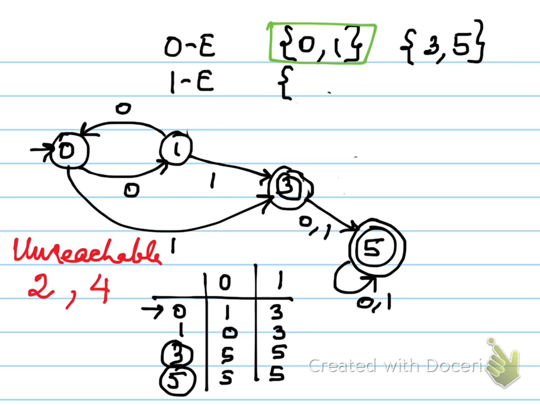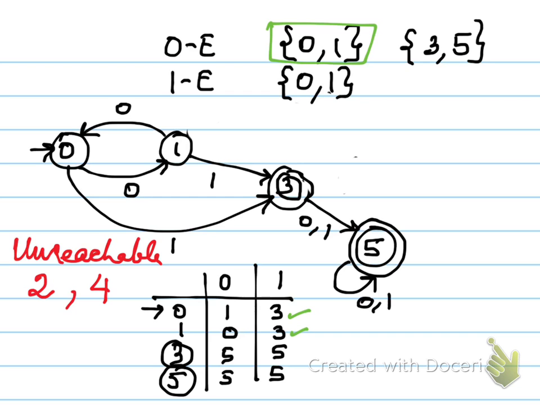Now 0 on 1 goes to 3 and 1 on 1 goes to 3. They go to the same state, so I don't have to worry about it. So I can say that 0 and 1 are 1 equivalent.